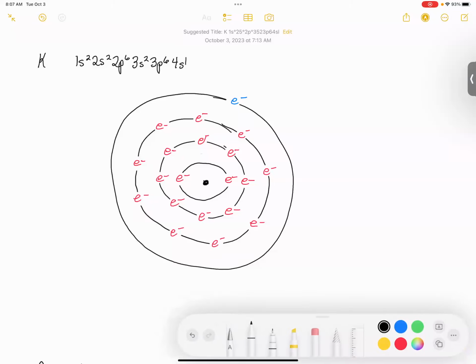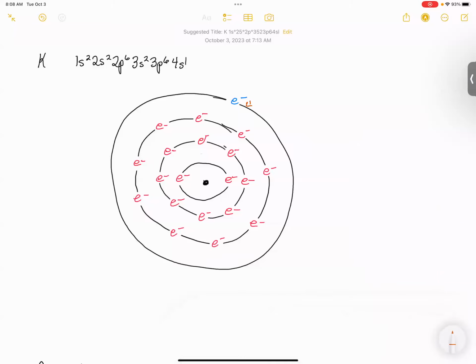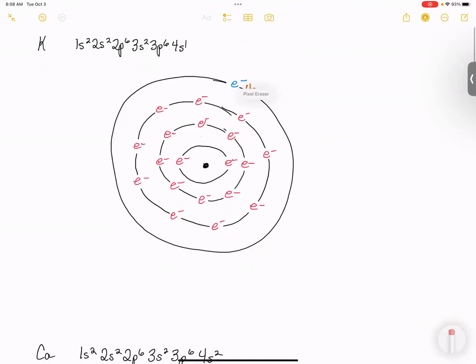So basically with this, if I want to calculate the Z effective for that outer electron, that is in the 4s shell, or in the fourth shell. Technically, we don't even need the S, we just need to know that's the fourth shell.